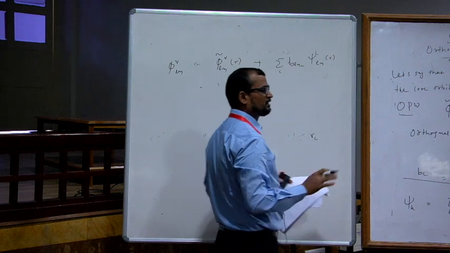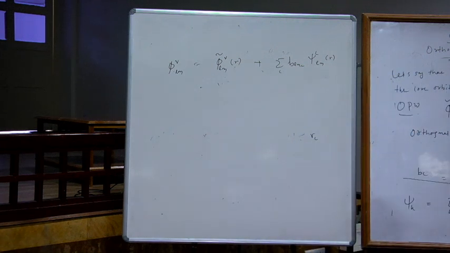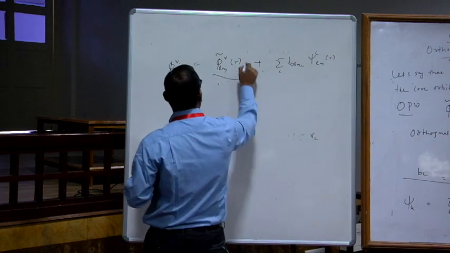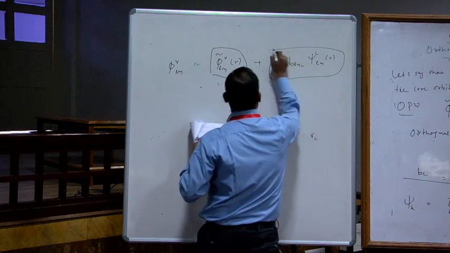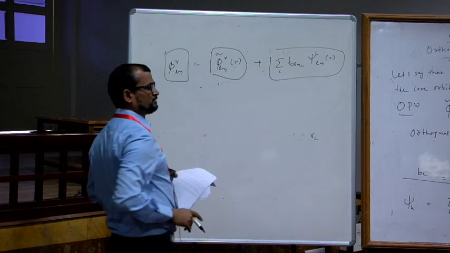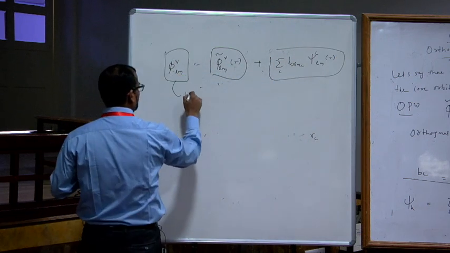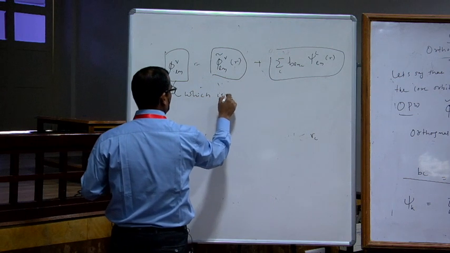So I will happily collect all the core states associated with the same angular momentum L and M. In that way, I can generate this net wave function, which is valid throughout the space.